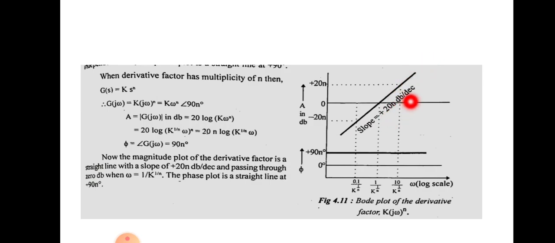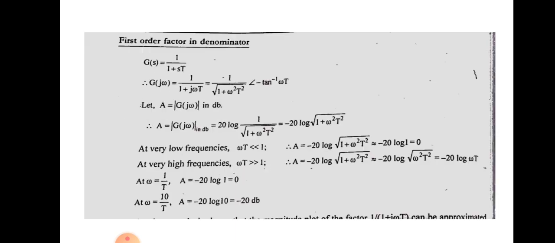That is the difference from the previous case, and the phase angle will be 90 into n. Since it comes in the numerator side, there is no negative sign associated with the phase angle, so the phase angle will be positive 90 degree, multiplied by the multiplicity n. So we will get a phase curve like this, plus 90 degree n for different values of log omega.